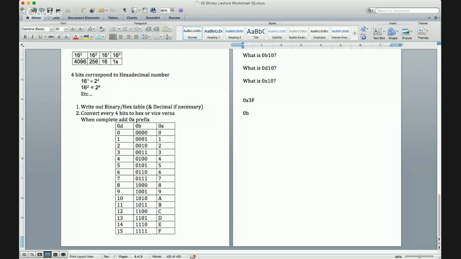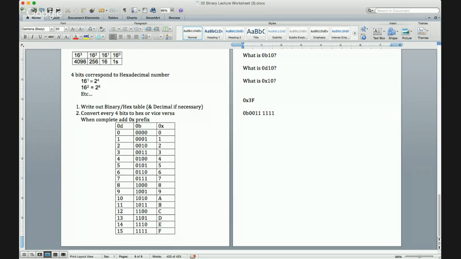So now, what is the pattern for 3? What is the pattern for f? Okay, maybe I'll put a space in there so it's really apparent. Okay, so I just used that table.